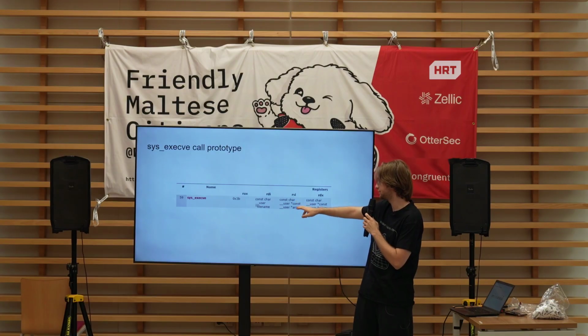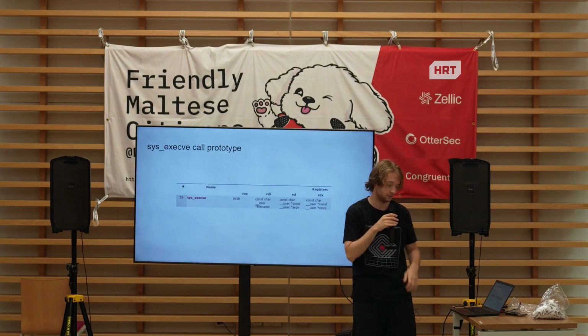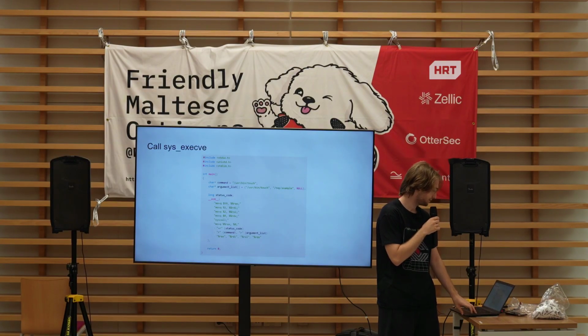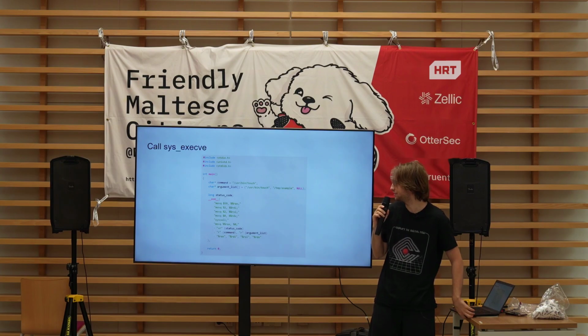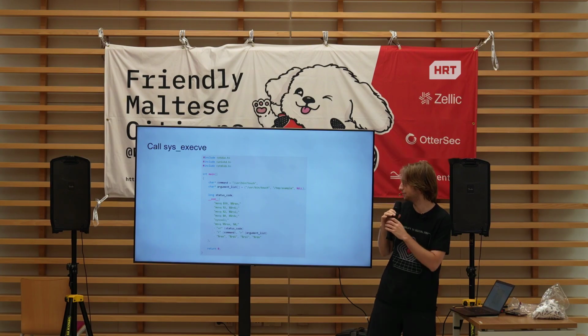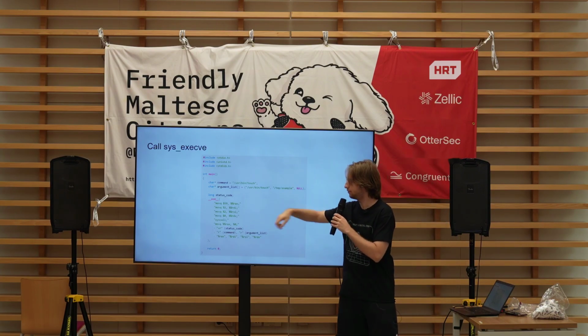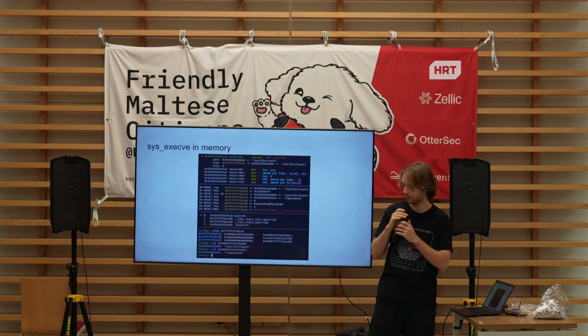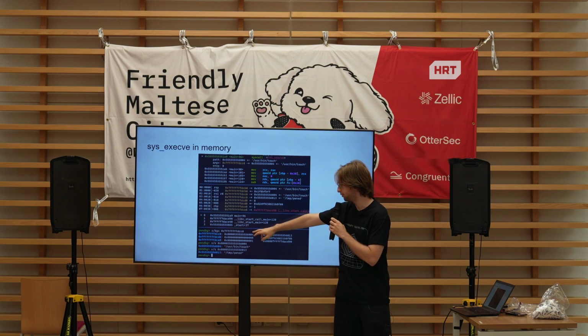The second argument is a pointer to the argument vector, and the third is to the environmental variables, which we really don't care about. This is honestly something that ChatGPT produced to just have some manual call of an execv syscall. And I did this mostly to just see how in memory it would be stored.